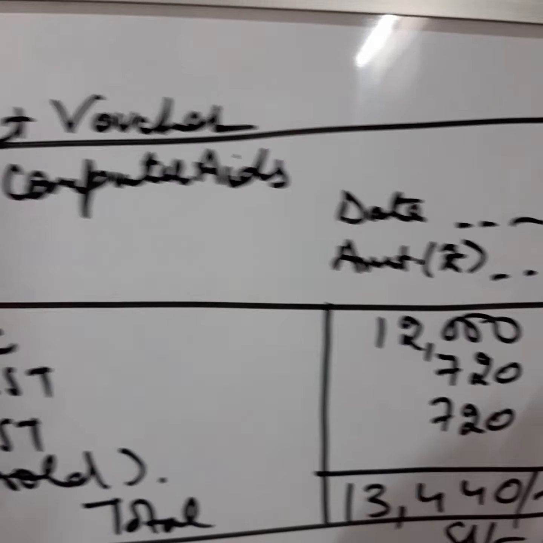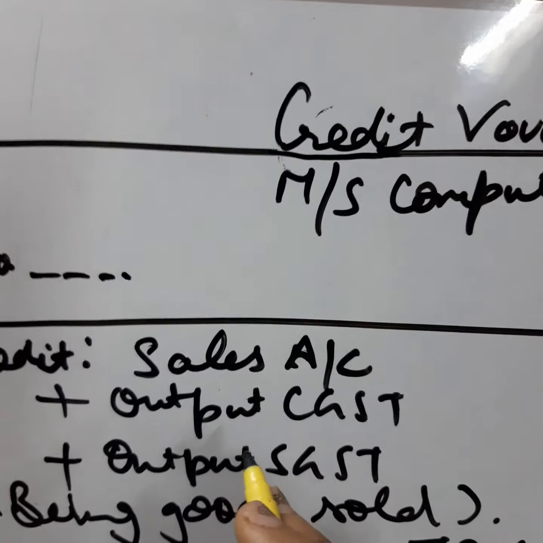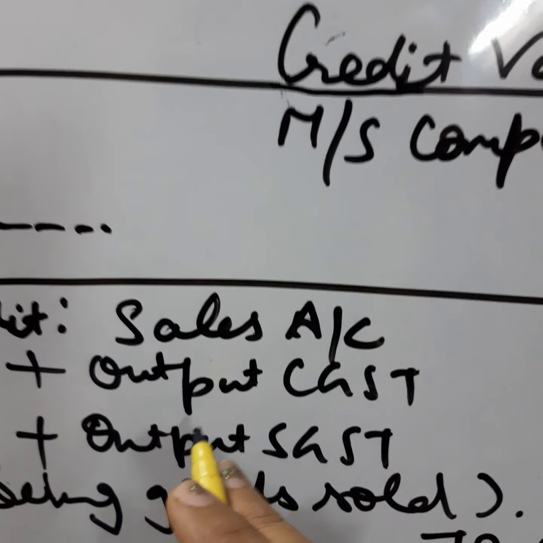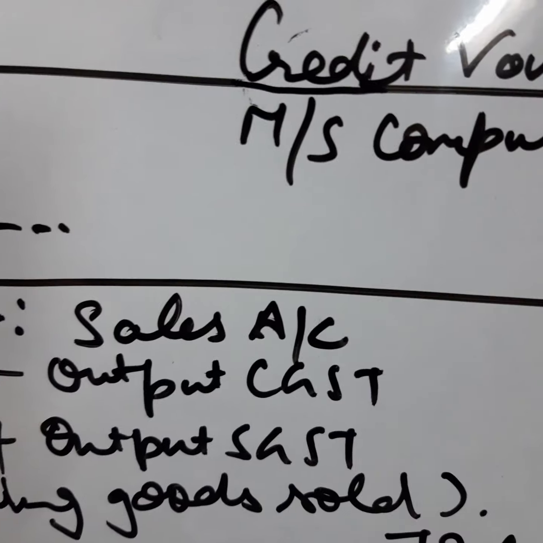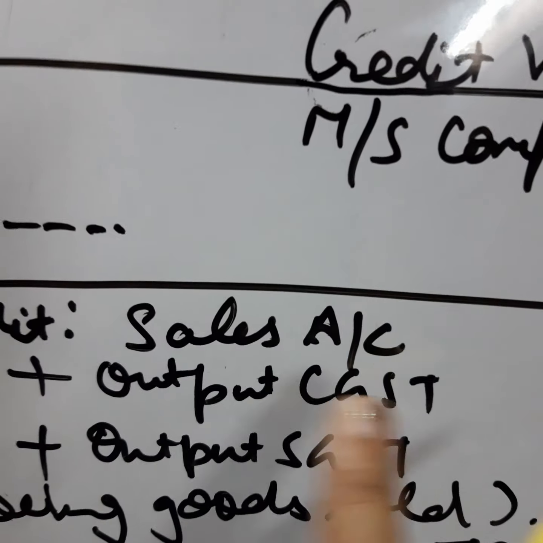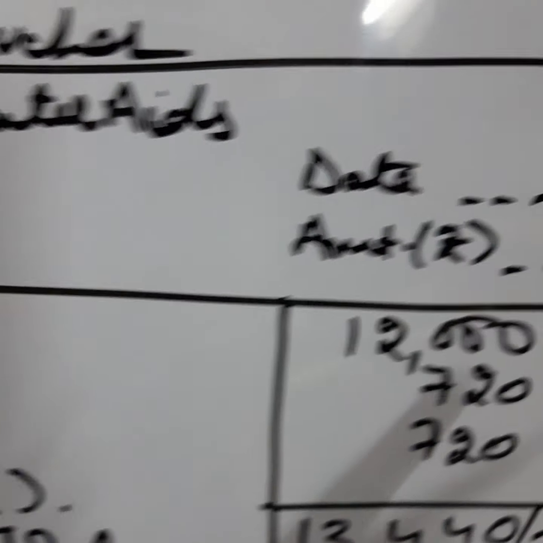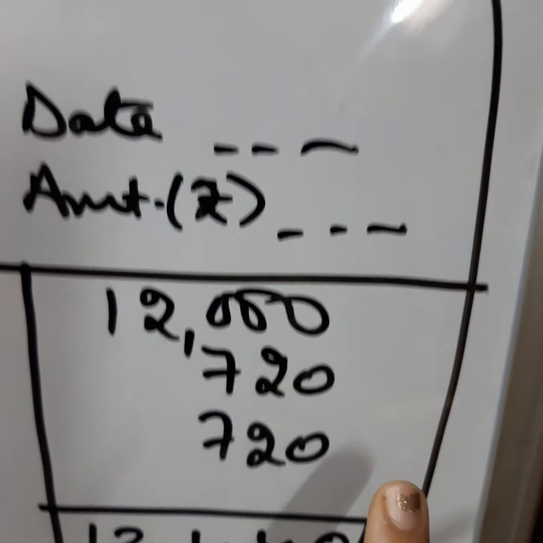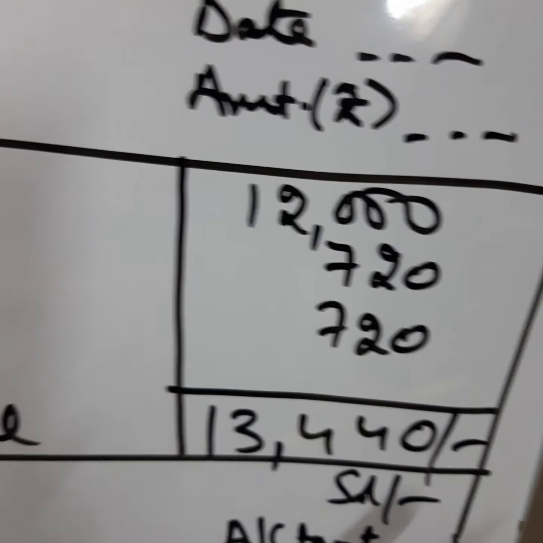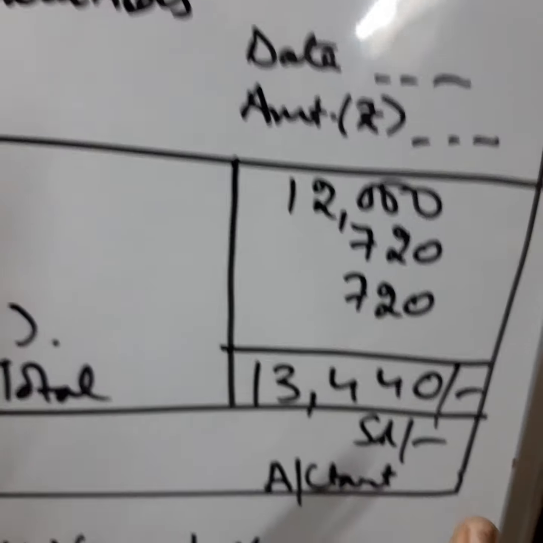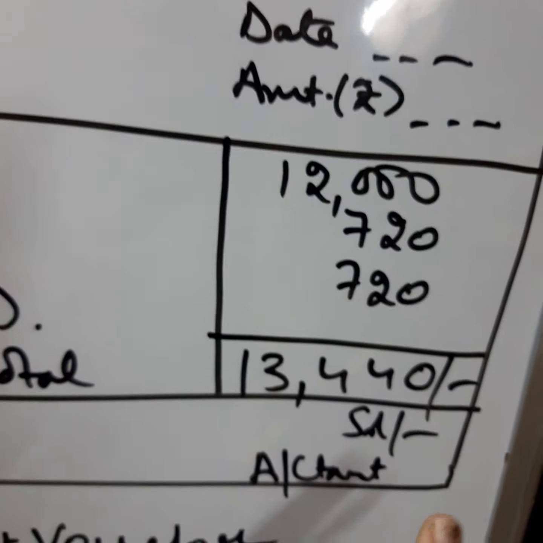Sales for 12,000 and GST 6% each. Whenever we make sales, we receive GST. That GST is called output CGST, output SGST. So 6% each comes out to be 720. So total 13,440 and signature of manager as well as of the accountant.